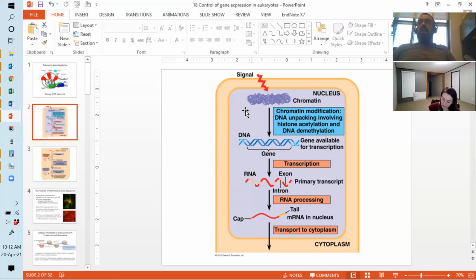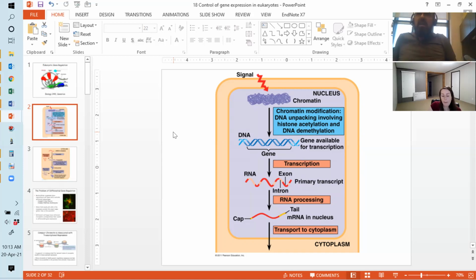But the very first step is controlling the type of chromatin that exists around where that gene is in the chromosome. This is a real high-level concept for controlling gene expression. It's really big picture stuff.